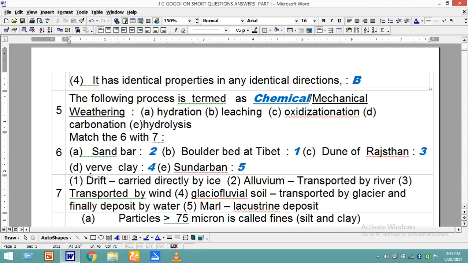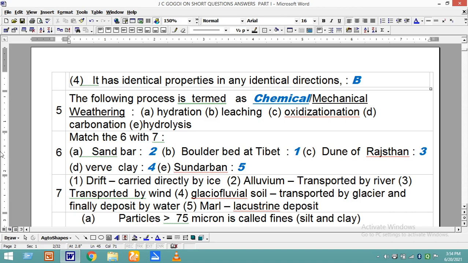You see, in 7, one is drift carried directly by ice. This is boulder bed. Another is alluvium transported by a river. It is sandbar. Sand is normally transported by a river.